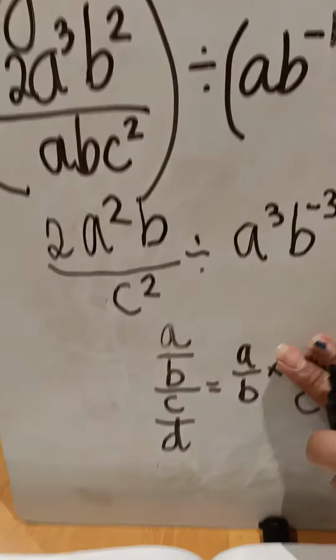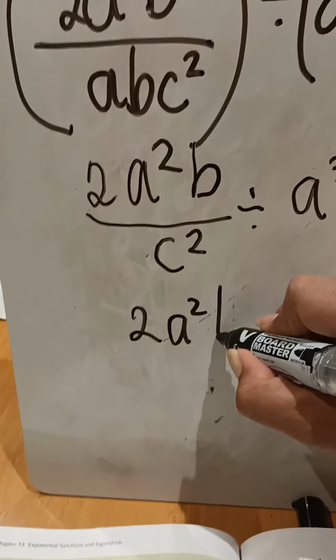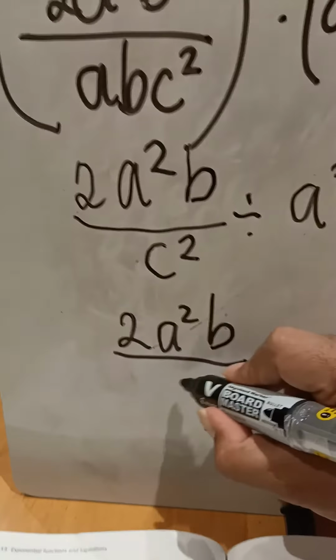Okay, so let's erase that. There's not enough space. Let's have that: 2, a squared b over c squared.